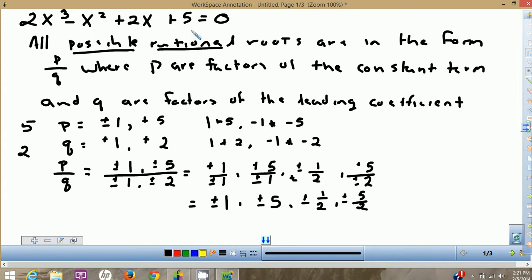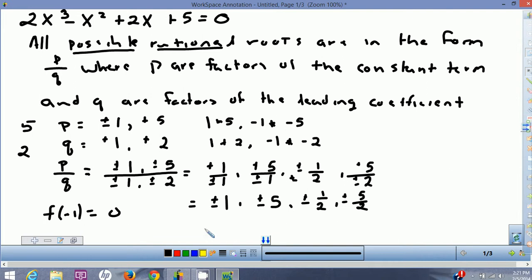In this case, the only actual rational root is -1. If I do f of -1 in my function, I get 0. It's the only one that actually works out. It is the only rational root. But if I need the list of possibles, this is my list of possible rational roots.